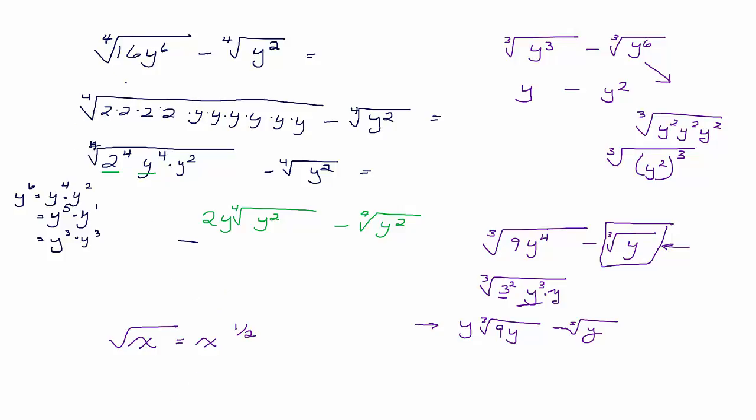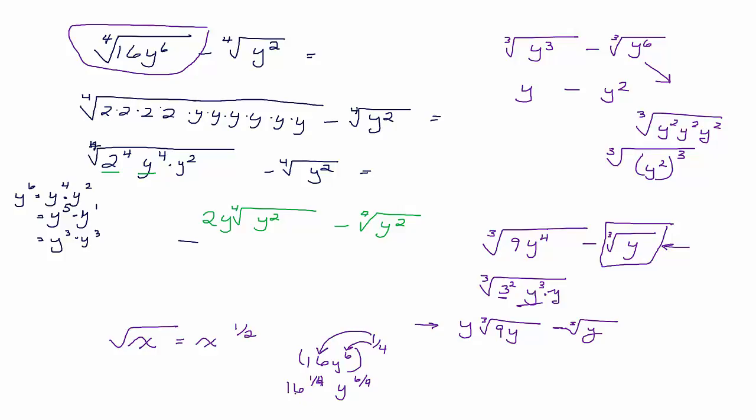So if I take just this term, this becomes 16 y to the 6th raised to the 1/4. So 16 to the 1/4 and y to the 6/4 because we multiply. We're raising everything in there.